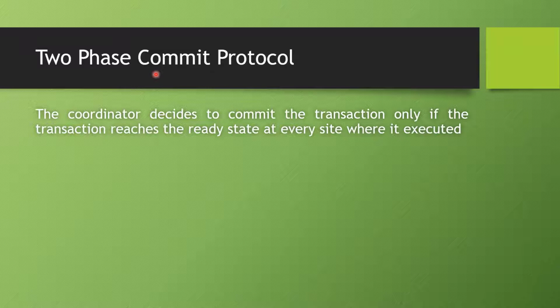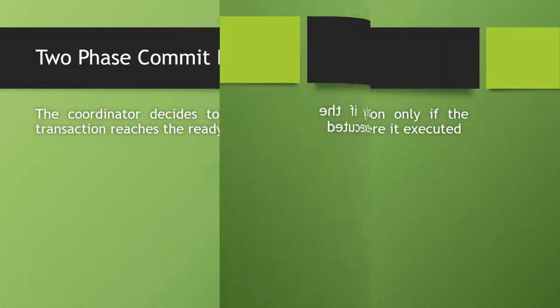Then the coordinator decides to commit the transaction. If any one of the sites, bank A or bank B, replies that it has failed, then the entire transaction has to be aborted. So to ensure this, we are going to use a protocol which is called two-phase commit protocol.